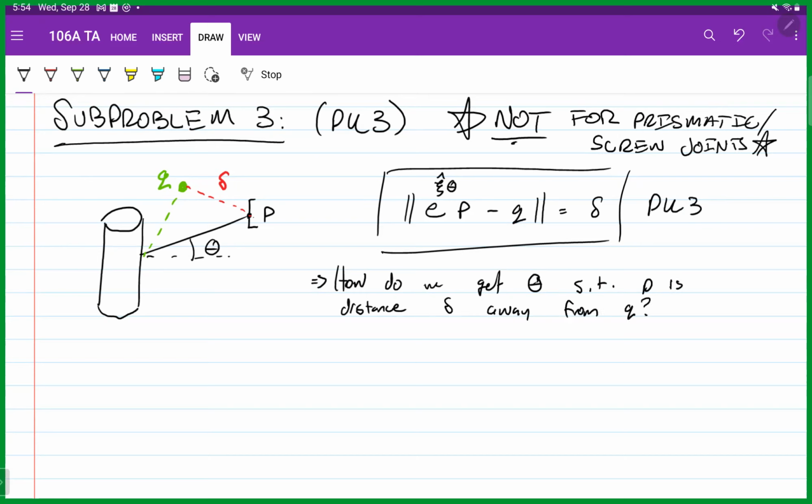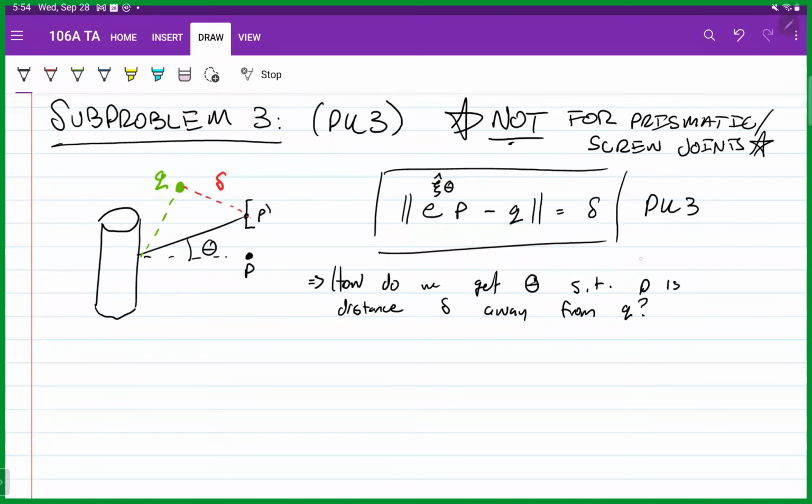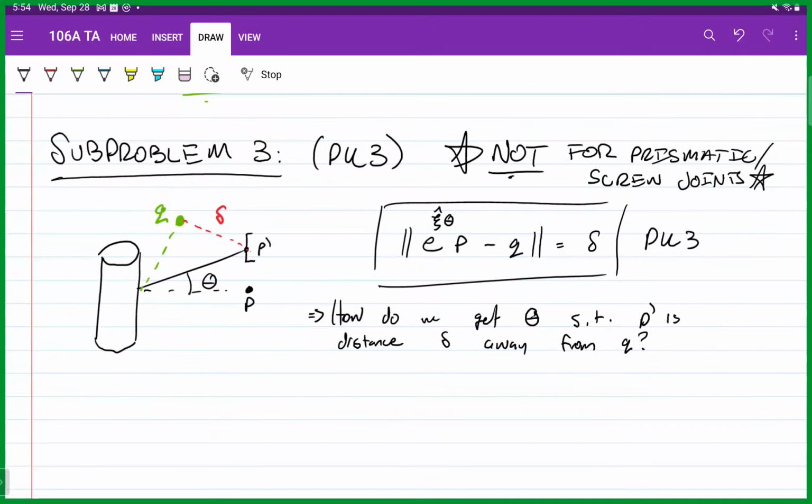Just to understand something, P should technically be the point before rotation. Oh, yeah, excuse me. So if P is our original point over here, we're taking it to this point P prime after rotation. Yeah, that's a great point. So it'll be such that P prime is this distance delta away from Q. This one is just P, since our original rotation is to act on P to get us to this point P prime.